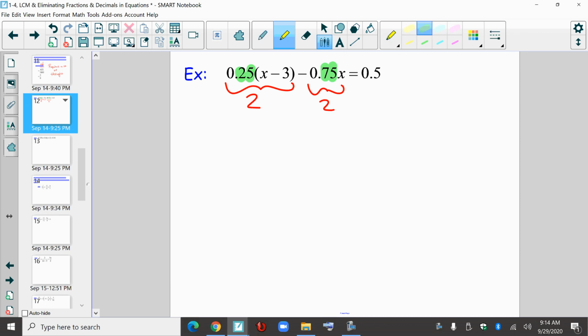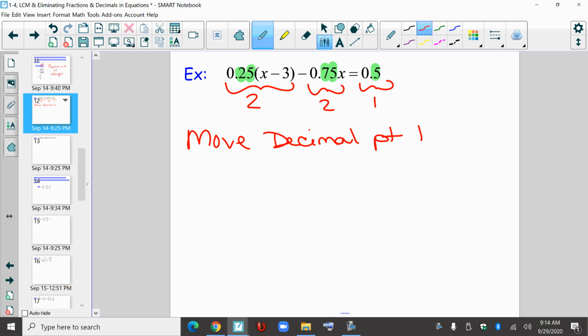And then the last one has a 1. So what is the highest number of decimal places that we have there? 2. So we're going to simply move the decimal to the right two units.